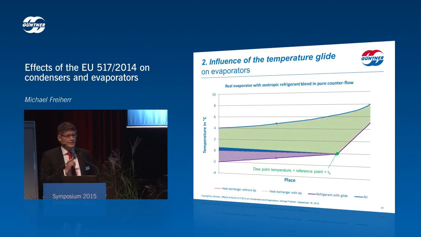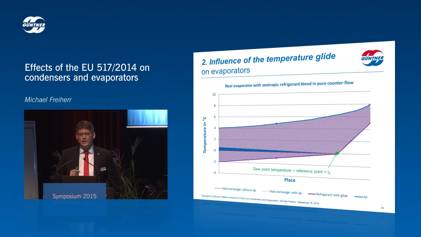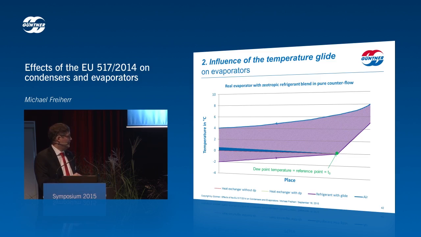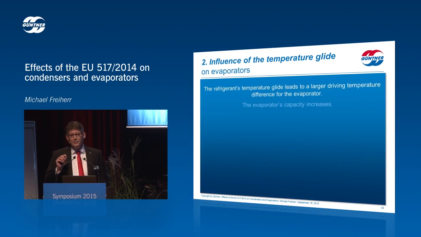In addition to the previous area, we gain the purple area, so capacity goes up because we have now available the whole purple area. But if you evaporate at -2 and you want it 0, then the surface on the condenser will be bigger, and the dehumidification will go up.